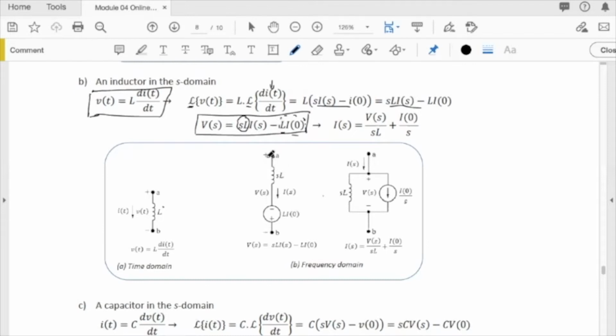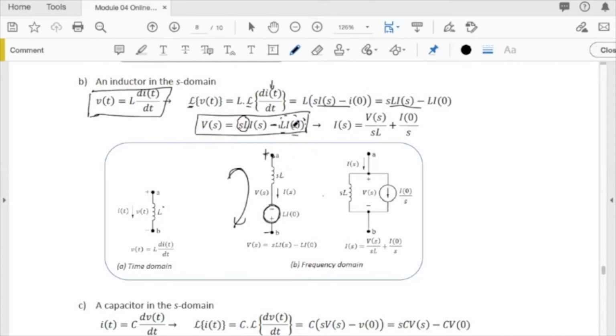If you put positive at A and negative at B, based on KVL, this will be in reverse direction, where you have positive with negative in reverse direction in order to get a negative value. So the value of the voltage here depends on the initial condition of that current.